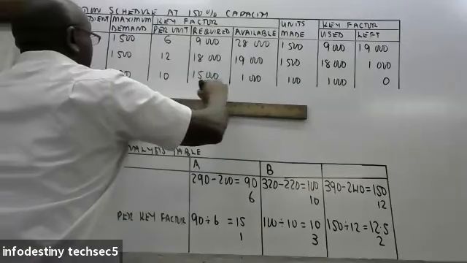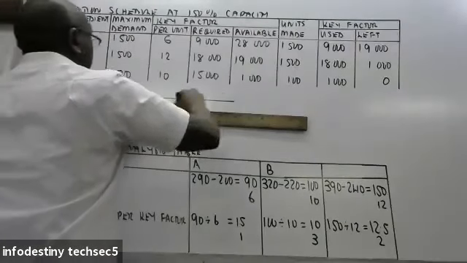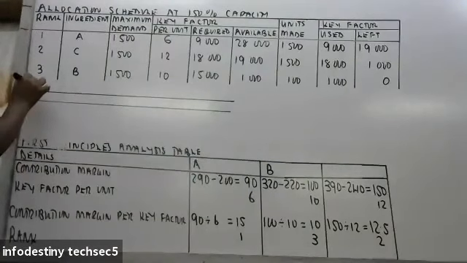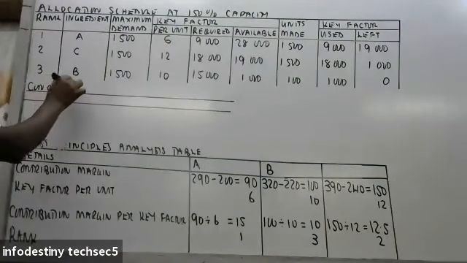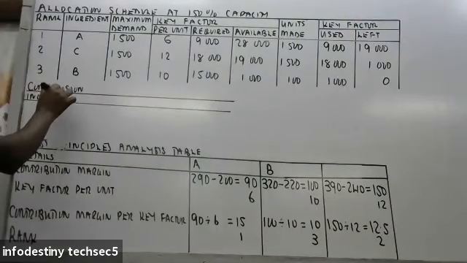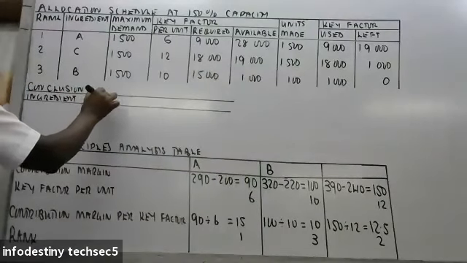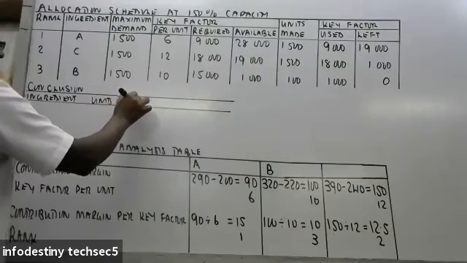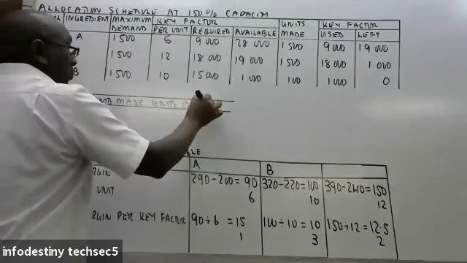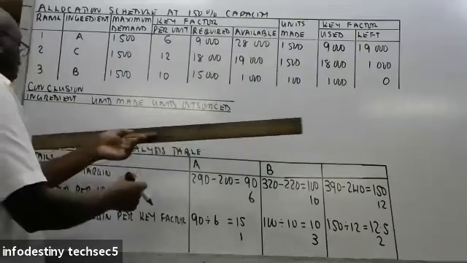So down there, the summary or the conclusion is that we have ingredients, units made, and then units outsourced.